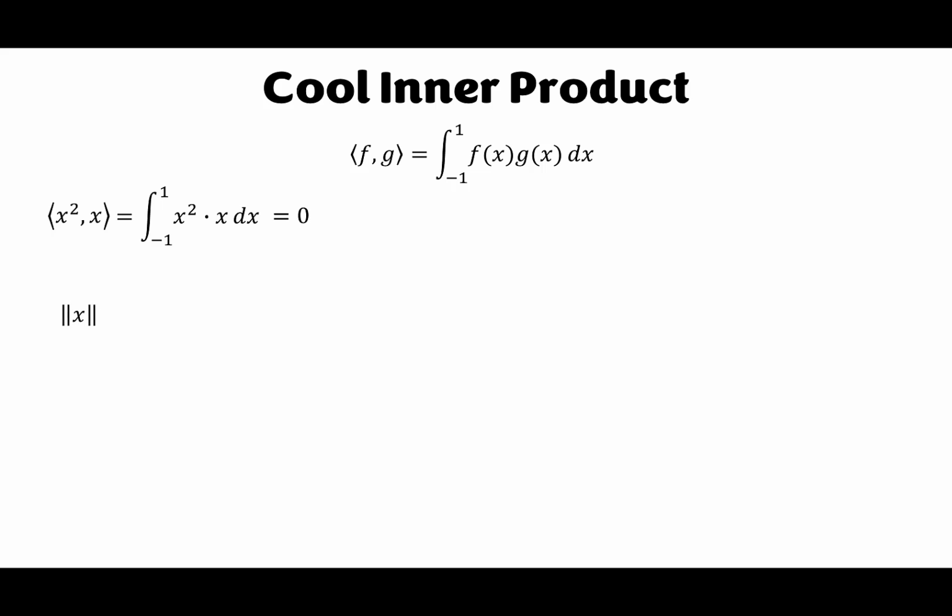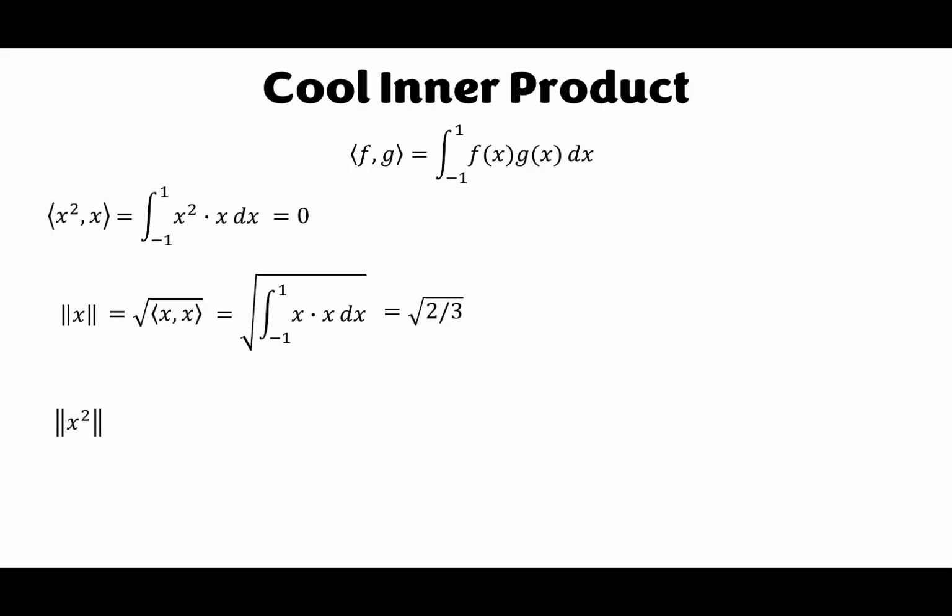All right, let's look at the length of the function x. Well, that'd be the square root of the inner product of x with itself. But the inner product is the integral. And if you calculate that, you'd get the square root of 2/3. So we're calling the length of the function x to have the magnitude square root of 2 divided by 3 by our definition of this inner product.